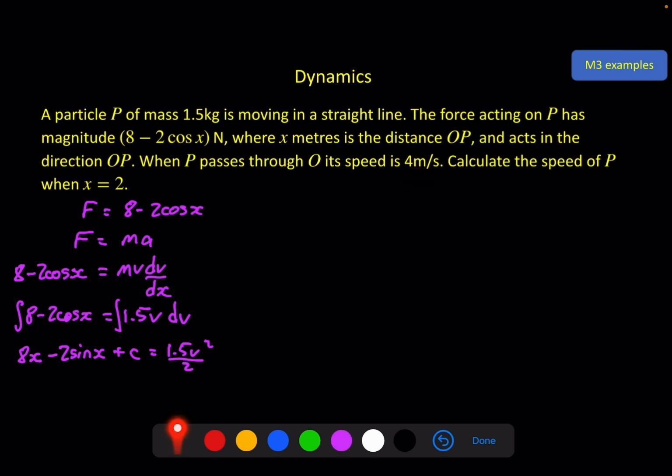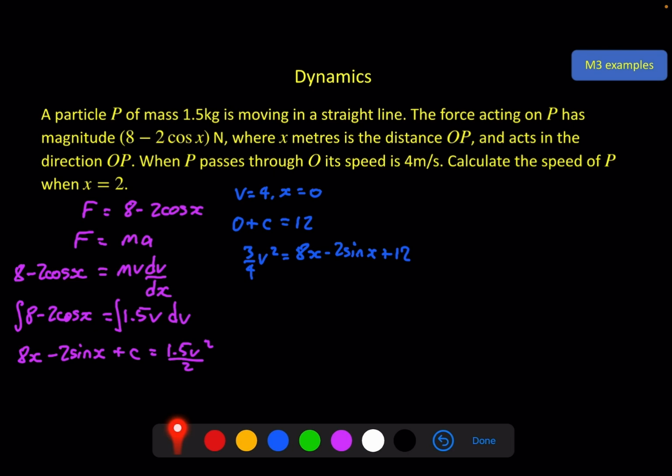V is 4 when x is 0. Putting those in, we get 0 plus c is equal to 12. So that's 3 over 4 v squared is equal to 8x minus 2 sine x plus 12.